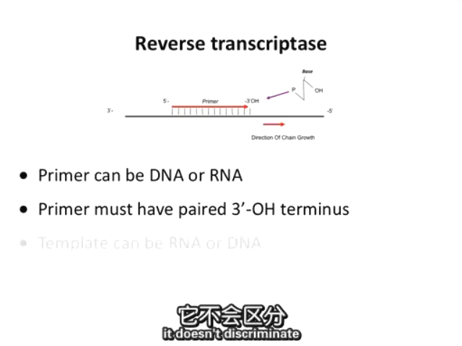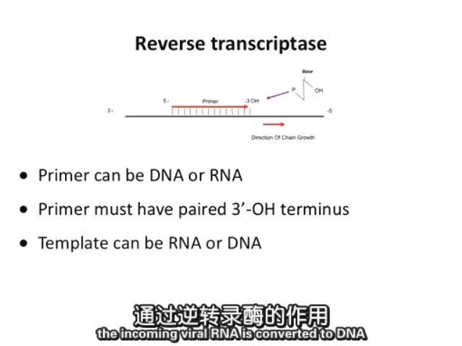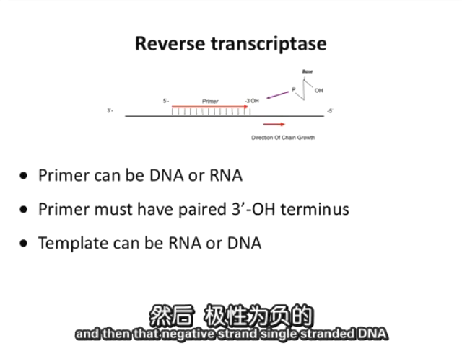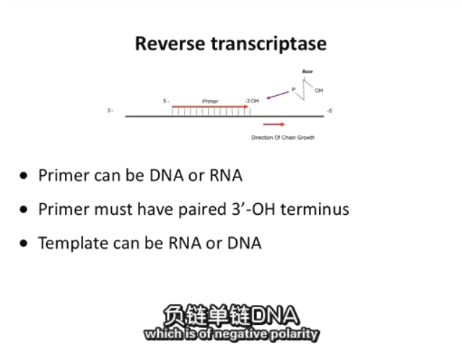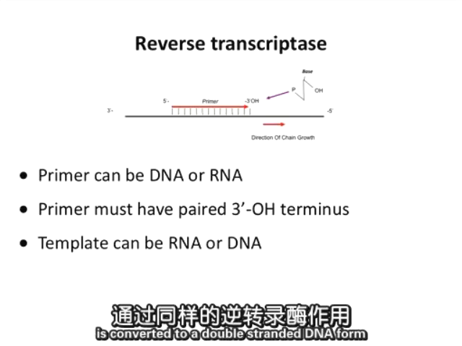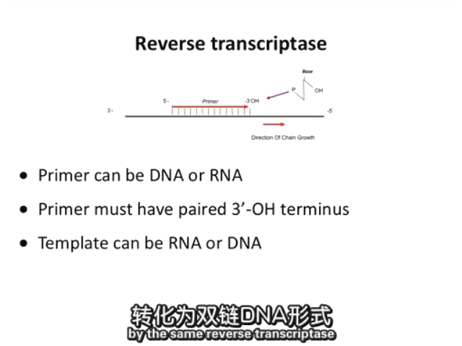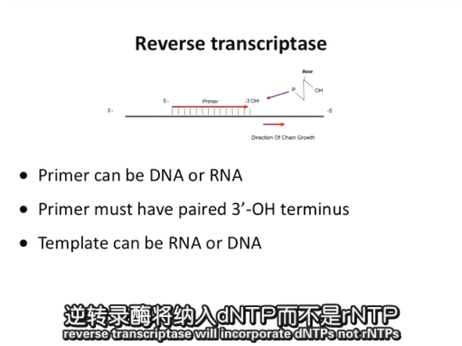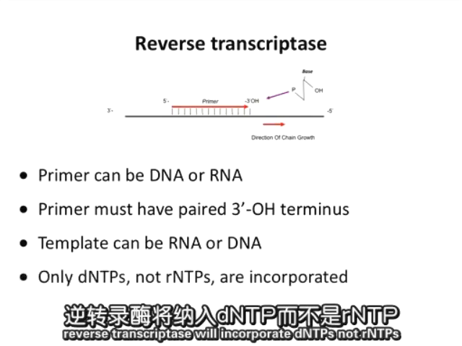It doesn't discriminate. So the incoming viral RNA is converted to DNA by the enzyme, reverse transcriptase, and then that negative strand, the single-stranded DNA, which is of negative polarity, is converted to a double-stranded DNA form by the same reverse transcriptase. Reverse transcriptase will incorporate deoxy-NTPs, not ribo-NTPs.